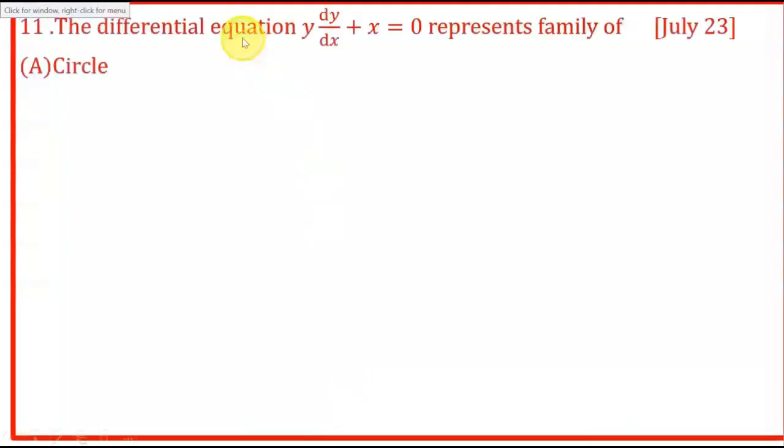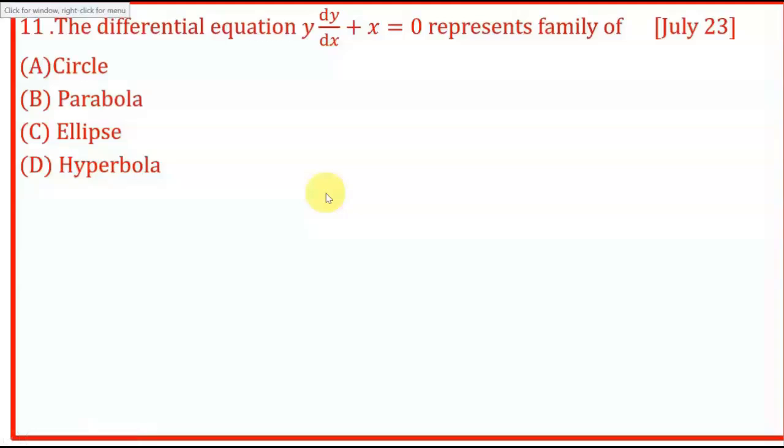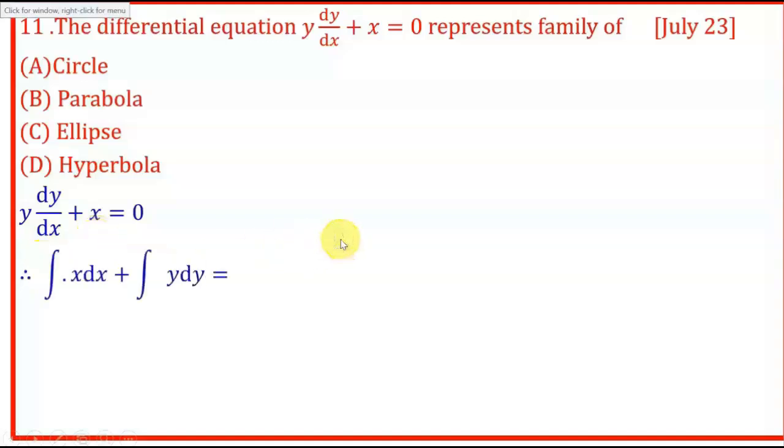Next, the differential equation y into dy by dx plus x is equal to 0 represents a family of: a, circle; b, parabola; c, ellipse; d, hyperbola. Now we see the solution. Again we will apply the variable separable method.